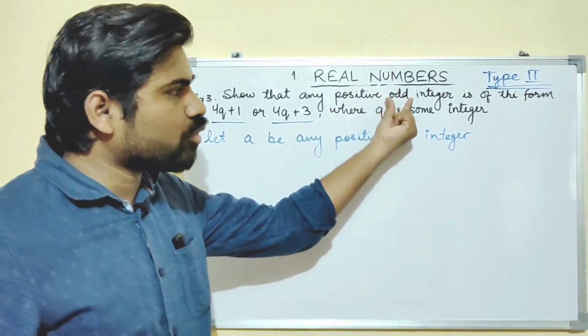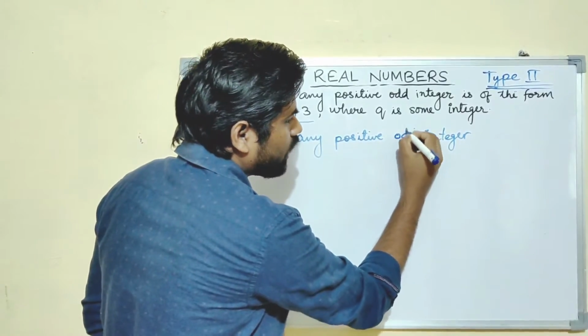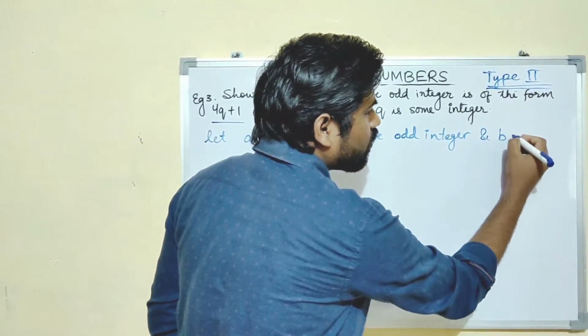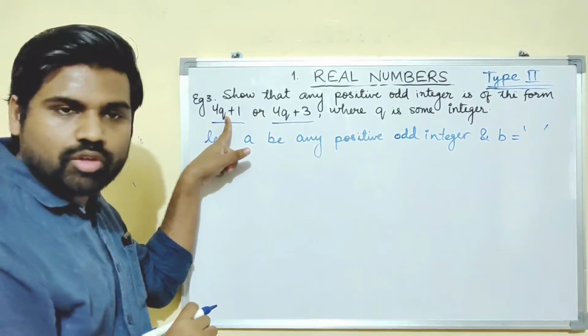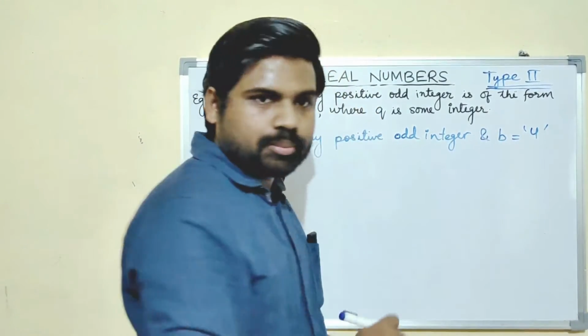Since it is asked only for the odd integer, we'll assume a to be a positive odd integer. Now, what will be the value of b? I told you the trick that the coefficient of q will be the value of b. So here b will be 4.